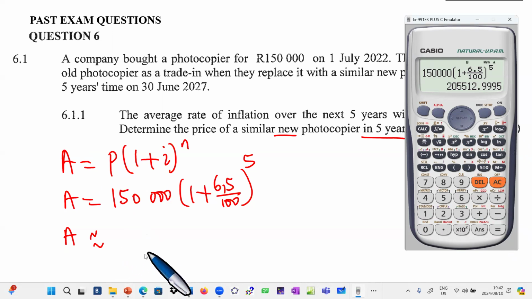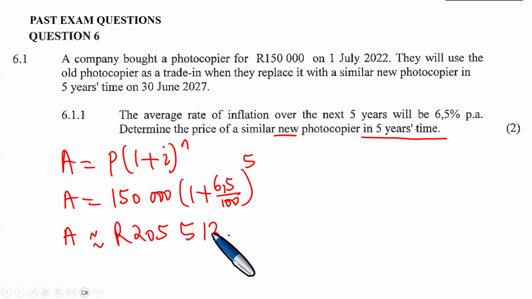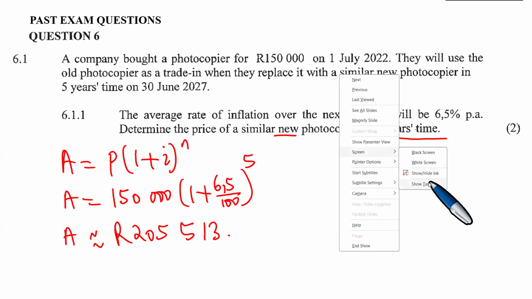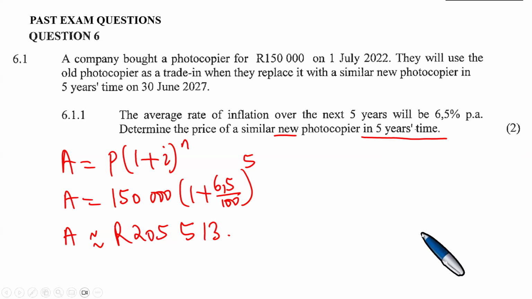Right, so which is 205,513. Let's check this one: 205,513, because it's 999, etc. So in other words, the price of a similar new photocopier in 5 years' time is going to be exactly 205,513. Any question? No, sir. No question. We move on.